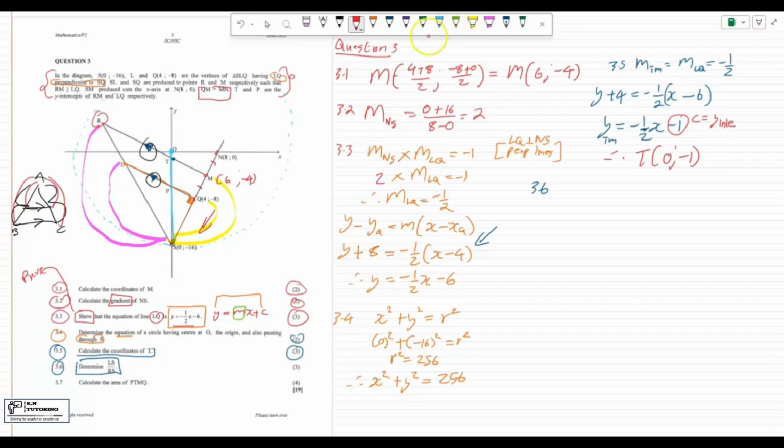All right, so I can say LS over RS is the same as QS over MS. So now it's just a matter of finding, oh, I need to give a reason. What is the reason there? Midpoint theorem.